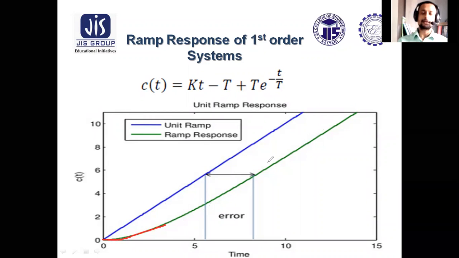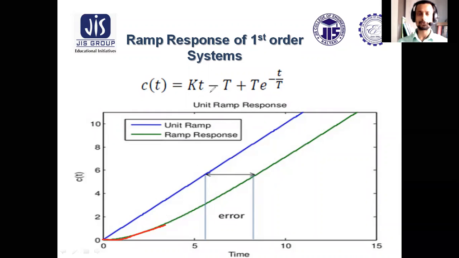So there is a deviation between the desired response and the actual response. The desired response is the blue and the actual response is the green. Now, why does this green deviate from the desired blue?